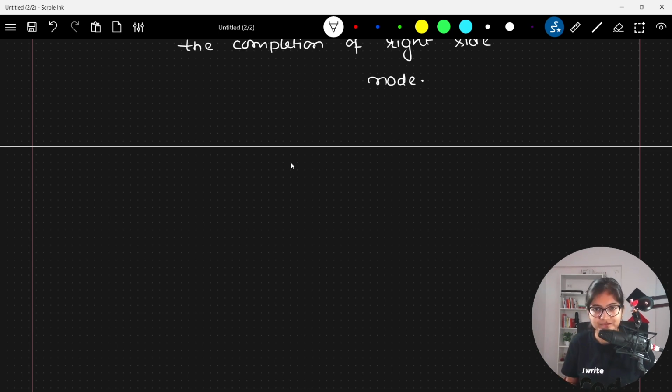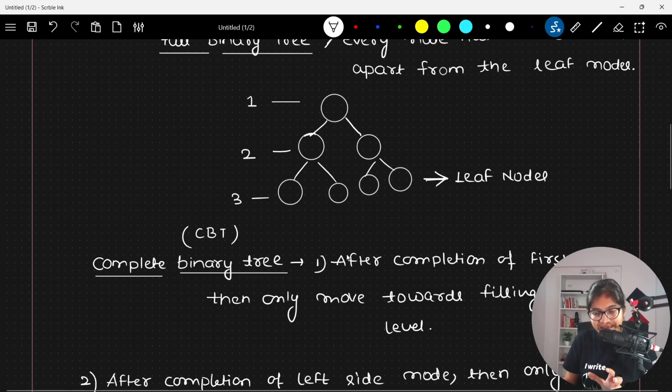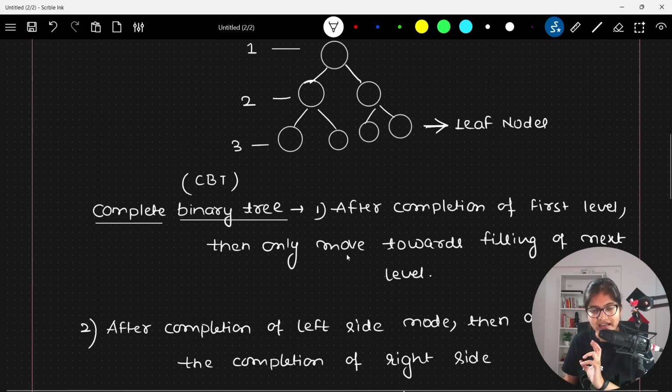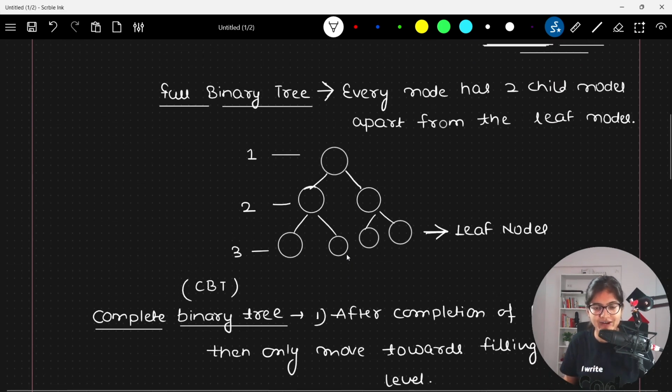Just try to understand. For example, this is a tree that I have, and I am asking: is this a complete binary tree? A complete binary tree, first of all, can be a full binary tree as well.